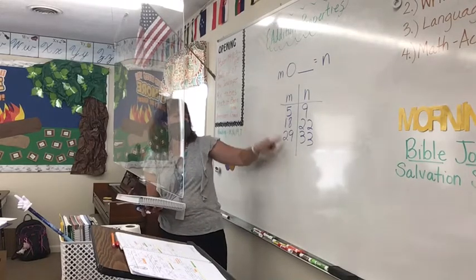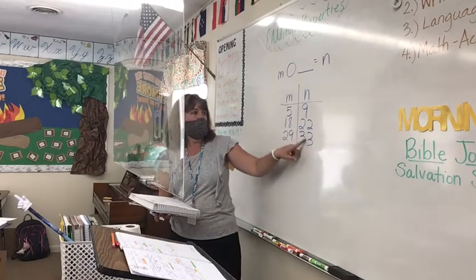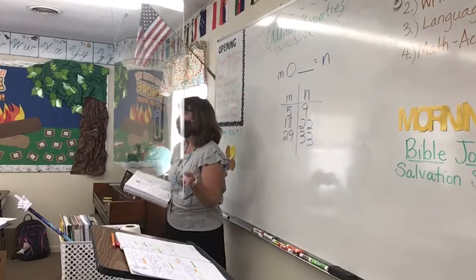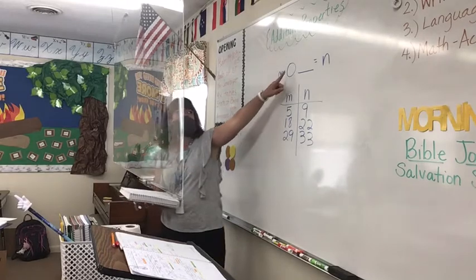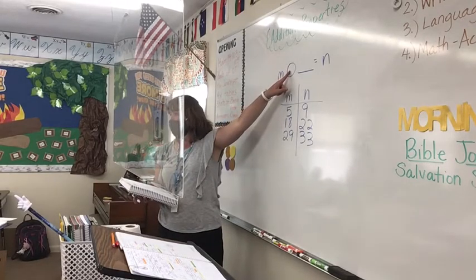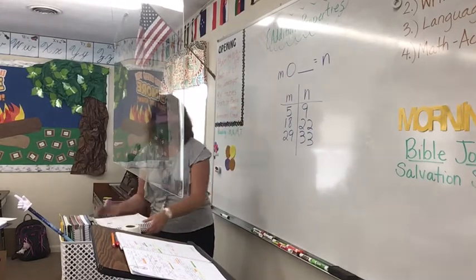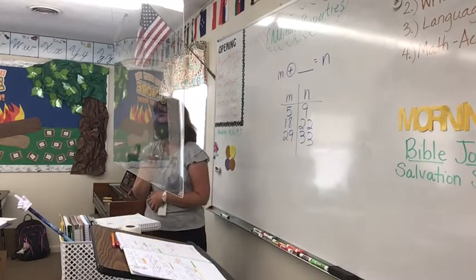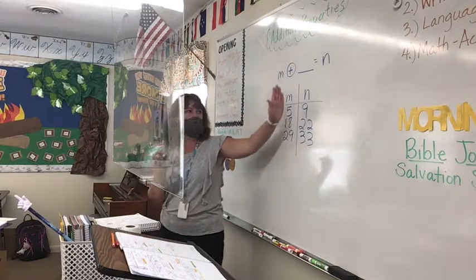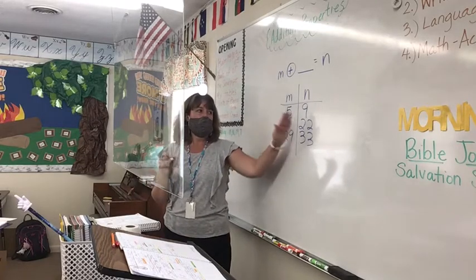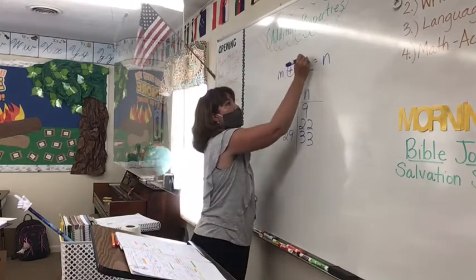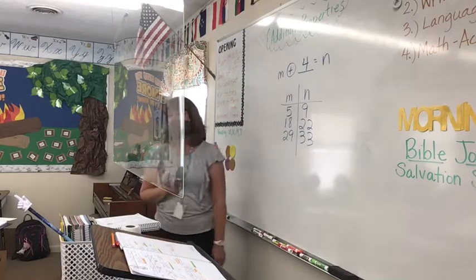If M is 29 and N is 33, what's the rule? It's all going to be the same rule. Did they add or subtract? They added, and how many did they add? To get from here to here, how many did each one add, Nicholas? 4. Good.